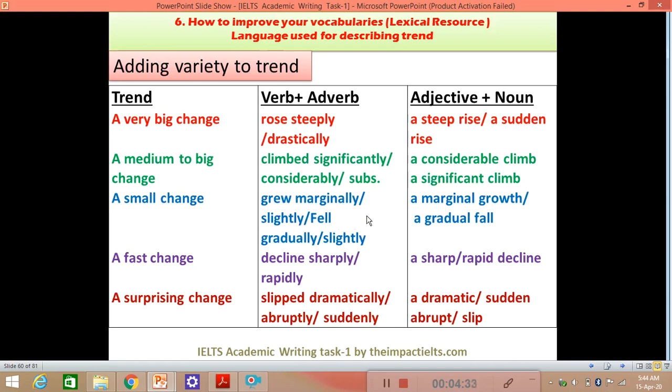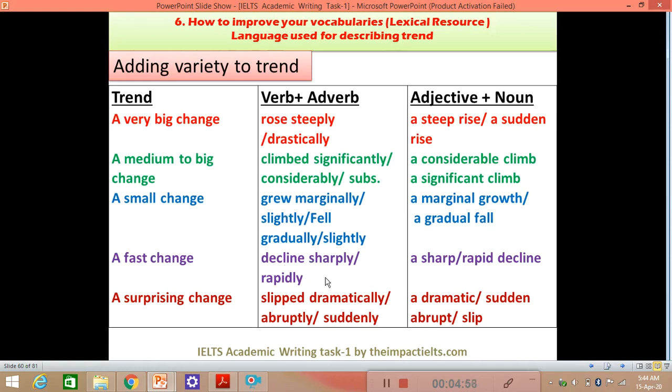So both examples of rising and falling: there was a marginal growth and there was a gradual fall. If there is a fast change, I don't know how it differs from a big change, but it happens all of a sudden. Perhaps you can say decline sharply, decline rapidly, and we can use suddenly, which has been used here.